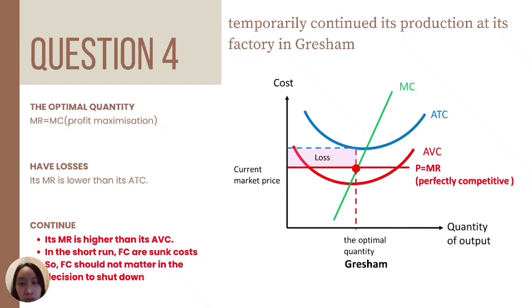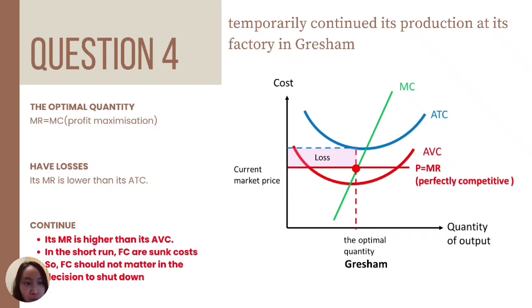The marginal revenue is the red line shown in the graph, and the marginal cost is the green line. And the profit maximization point is this red point. So this is the optimal quantity.